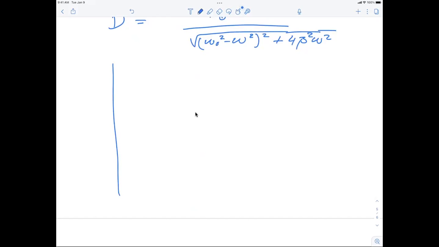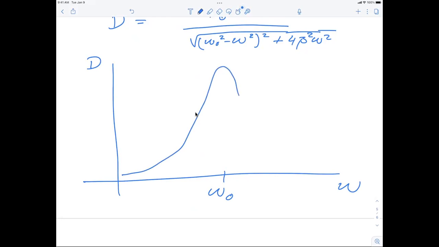If we look at the value of D, we are tuning everything in terms of frequency omega, and we get a value of D which looks something like this. So it peaks around omega 0.